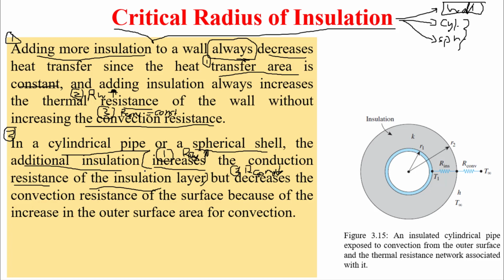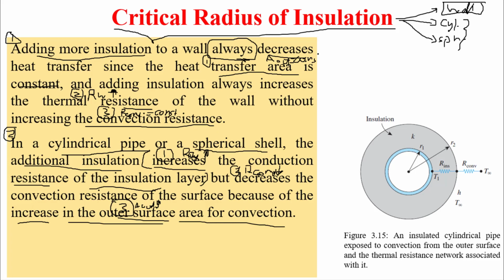Why does it decrease? Because of the increase of the outer surface area for convection. So the outer surface area is the third parameter, and we can combine them in one parameter, R out, which increases. But for the wall the area remains constant, so this is the main difference.